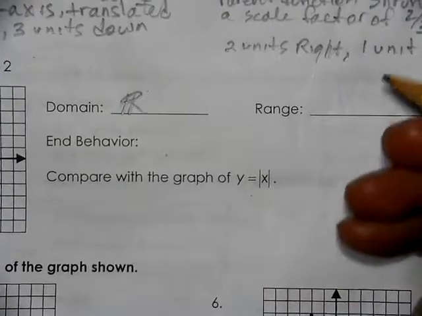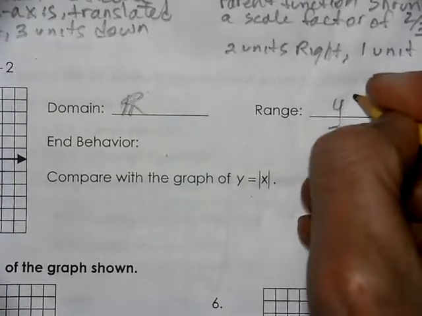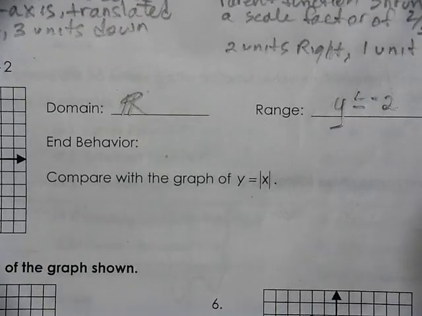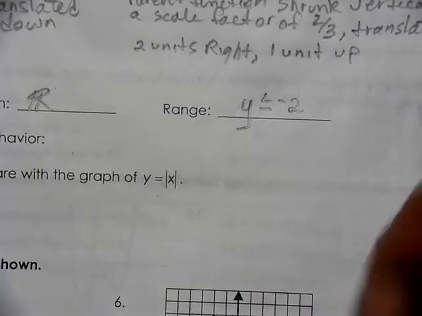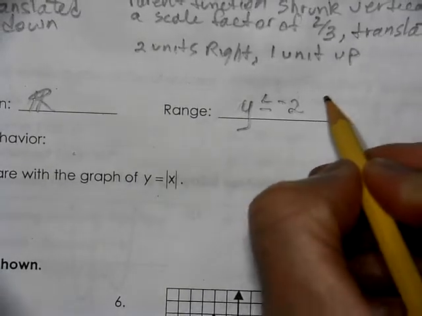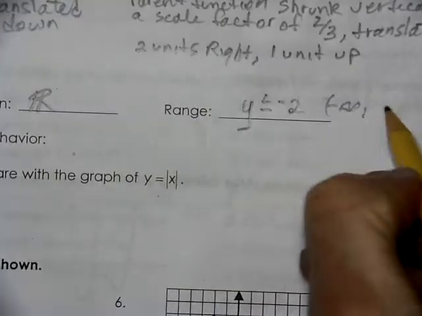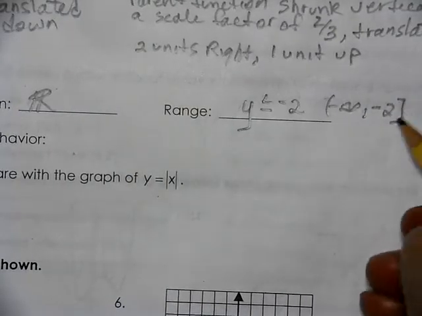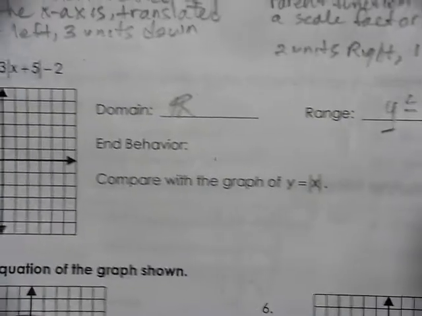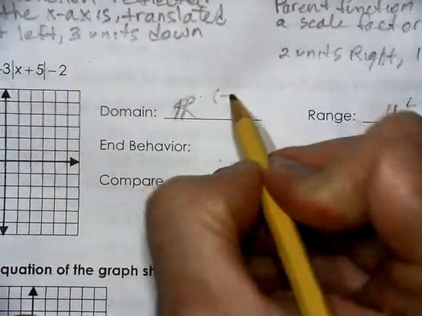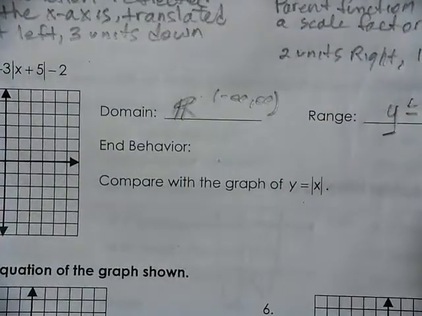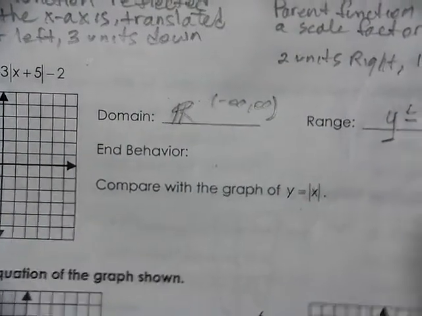Our range are the y values less than or equal to -2. Interval notation for that, the smaller number would be negative infinity, the larger number would be negative 2. It equals negative 2, so you have the square bracket. Negative infinity to positive infinity, because it goes forever to the left and ever to the right.